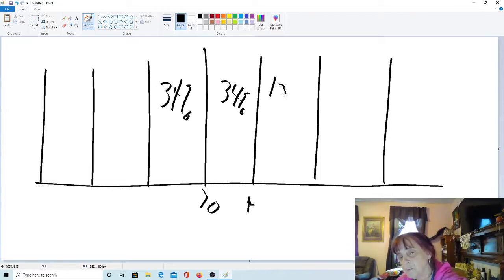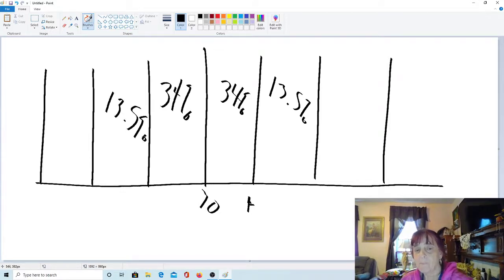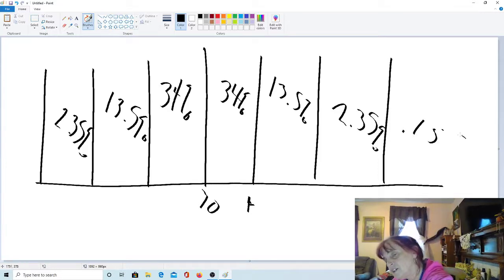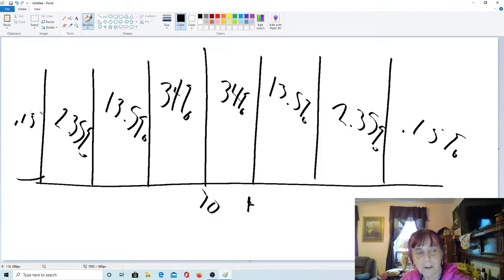And this is 13.5%, 13.5%. And then 2.35%, 2.35%, 0.15%, and 0.15%.